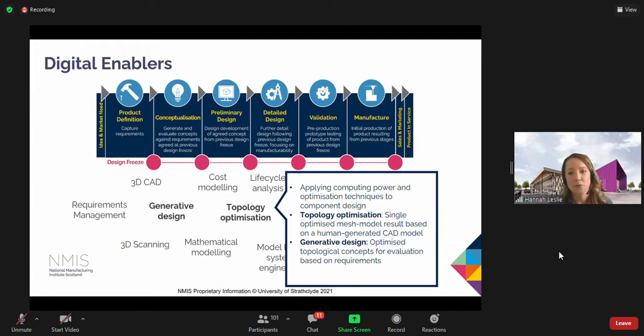General topology optimization takes one complete CAD model concept and returns an optimized concept for evaluation based on the human design model, and returns to the user an optimized mesh model result. Whereas generative design begins with requirements and holdout areas, preserved areas, loads, constraints based on the project requirements, and then it determines multiple optimized topological concepts that are created for evaluation based on the criteria.